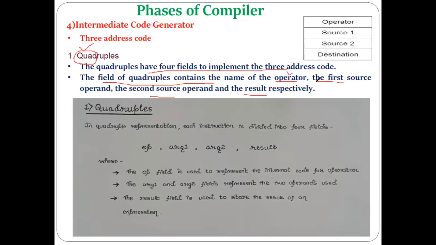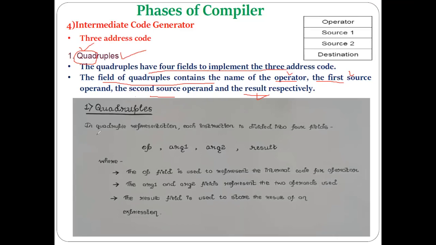So the operator is the first field, the first operand is the second field, the second operand is the third field, and the result is the fourth field. Four fields are there. That is the reason it is referred to as a quadruple.